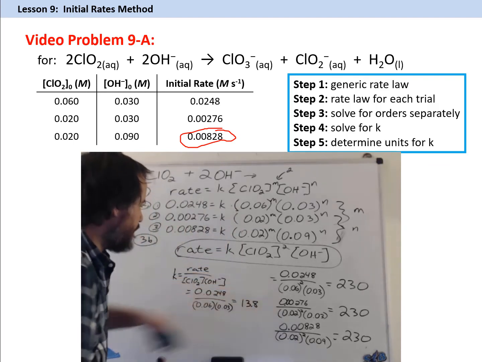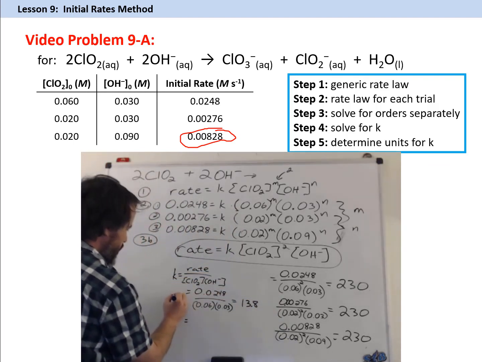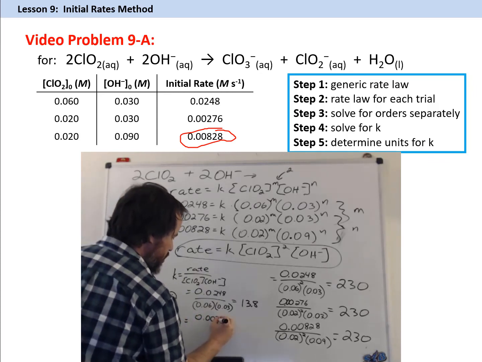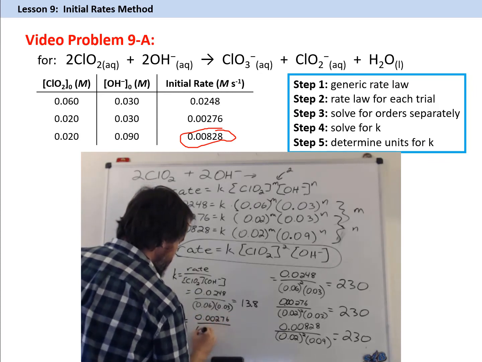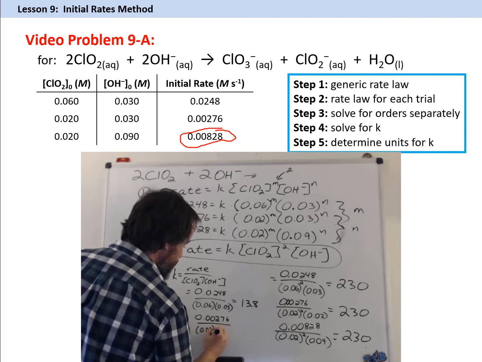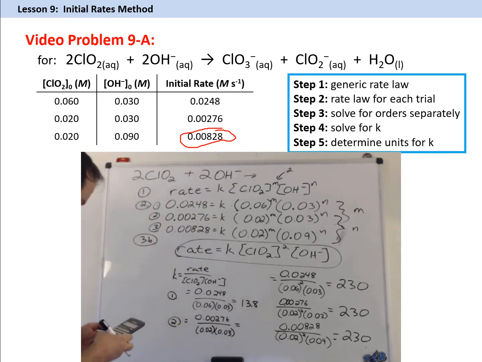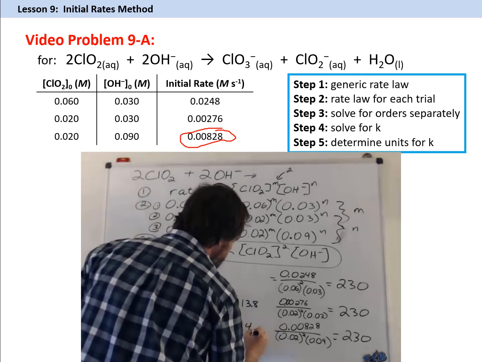And if I do that for trial 2, what do I get? I get 4.6.